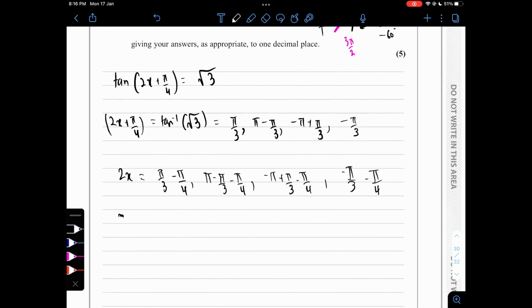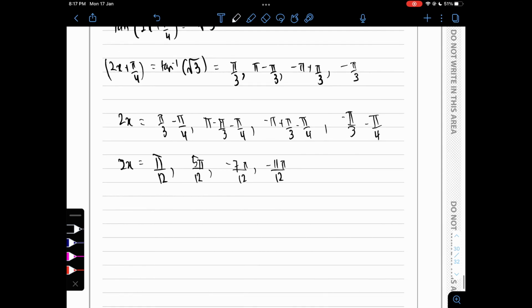So 2x equals, so let's simplify. So this is pi over 12, 5 pi over 12. This is negative 7 pi over 12. And this is minus 11 pi over 12.